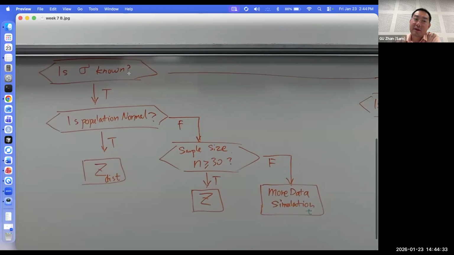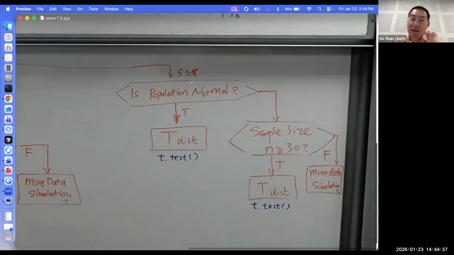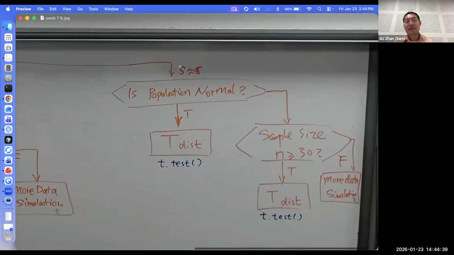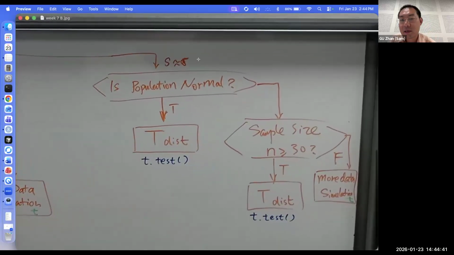If the standard deviation of the population is not known to you, it's unknown, then we'll use S, the sample standard deviation, to approximate the sigma. Then you ask, is the population normal? If it's known to be normally distributed, then you use T distribution straight away. There's no more Z distribution around this area, so always T distribution.